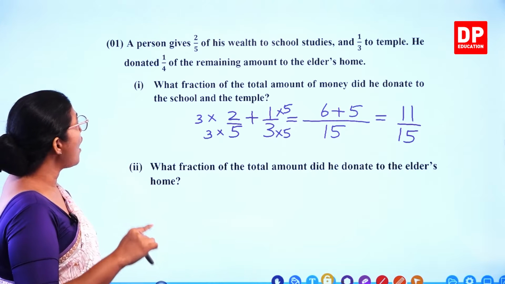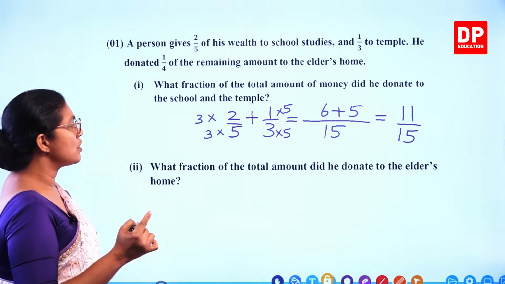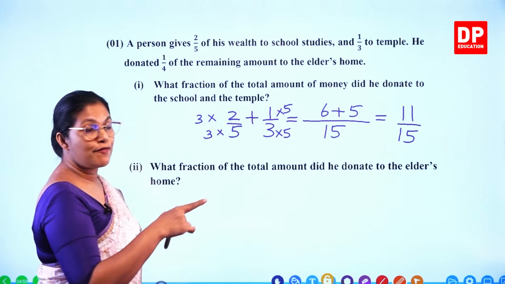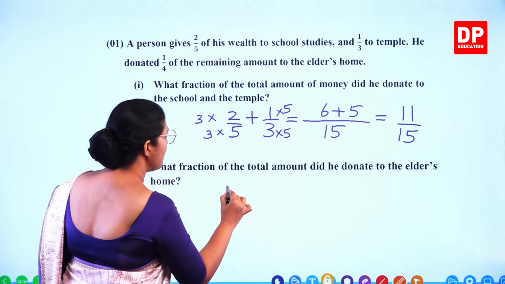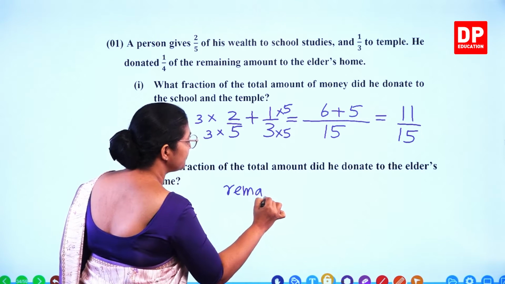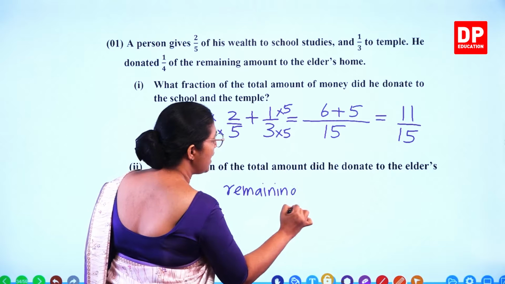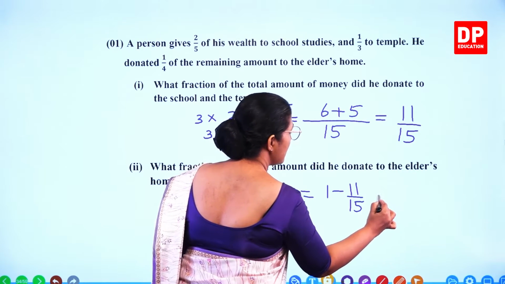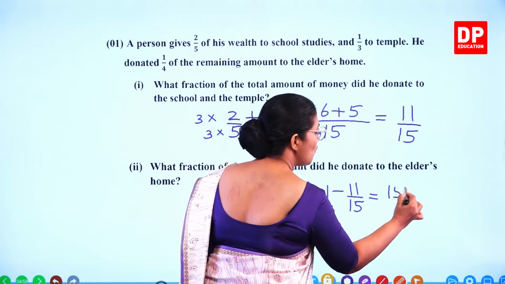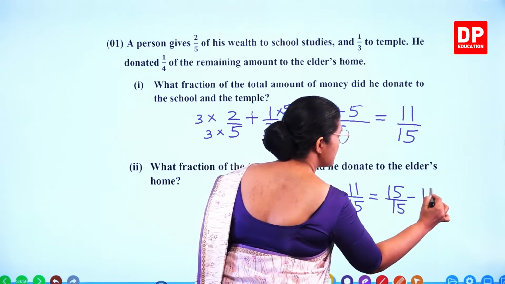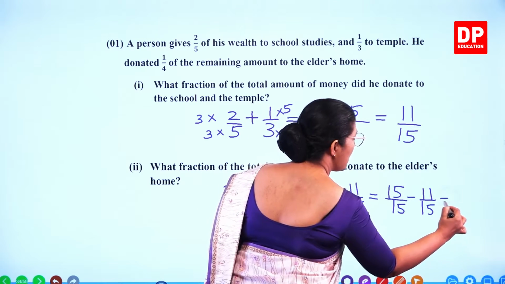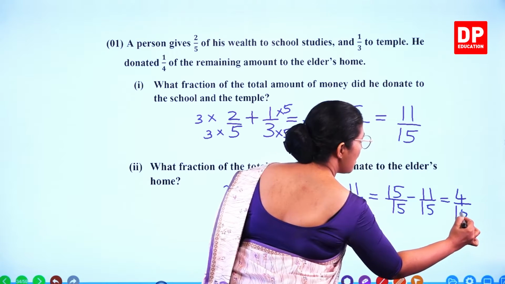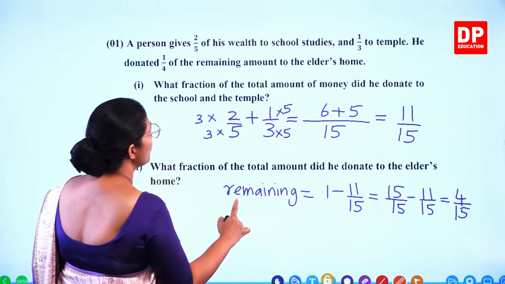Then what fraction of the total amount did he donate to the elders' home? He donated 1/4 of the remaining amount. So 11/15 already used. What's the remaining amount? Remaining amount means 1 minus 11/15. You can write 1 as 15/15 minus 11/15. That becomes 4/15. From that, 1/4.